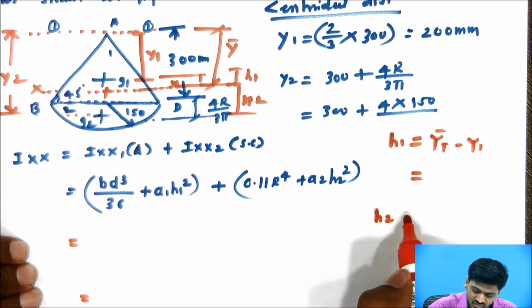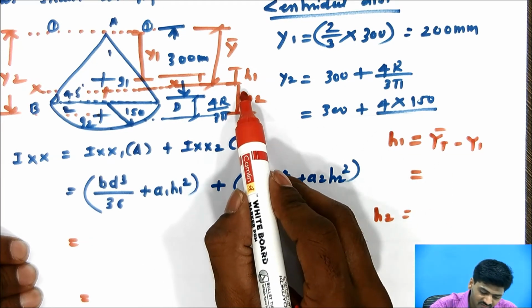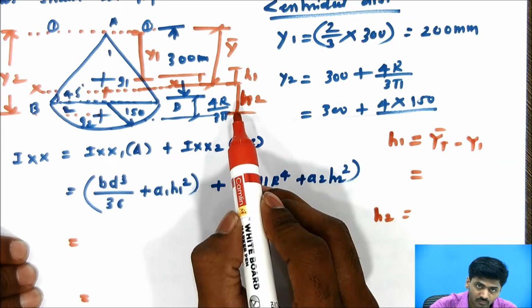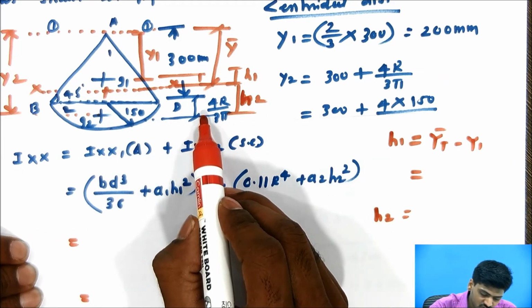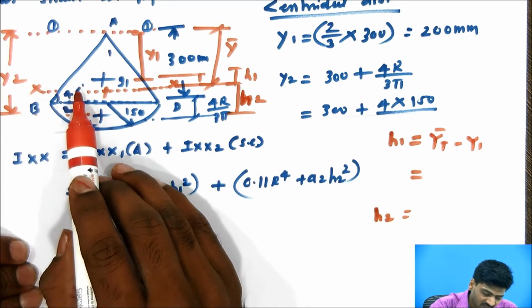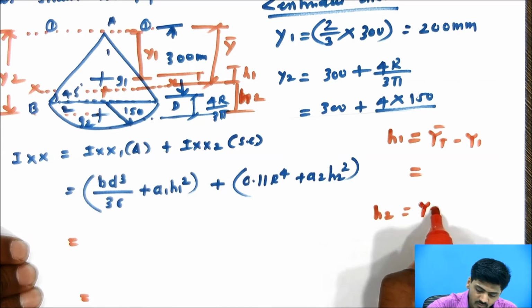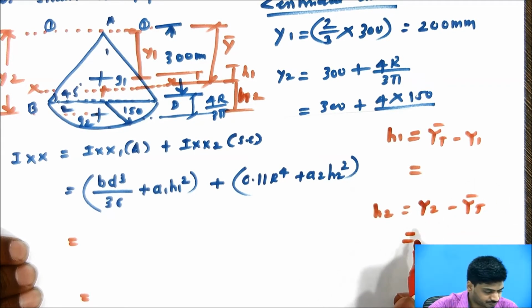How to calculate h2? This is nothing but your h2, this distance here. h2 is y2, the total distance, minus y bar from top. y2 minus y bar from top, you will get h2.